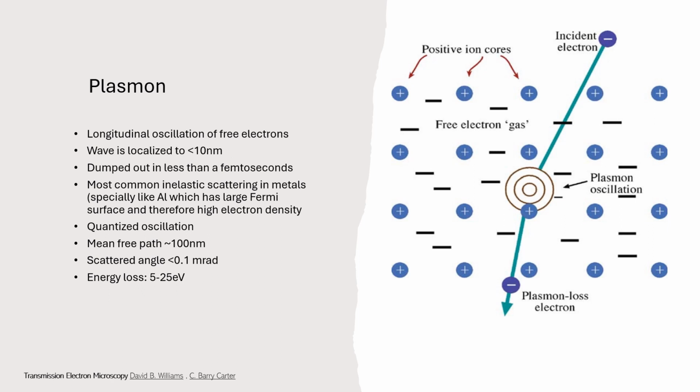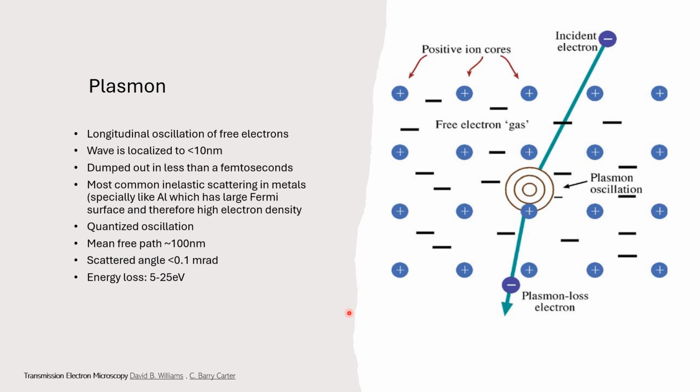So in these materials, when electromagnetic radiation or an electron beam falls upon them, it causes longitudinal oscillations of the free electrons. These oscillations are damped out in less than a femtosecond and are localized to less than 10 nanometers.